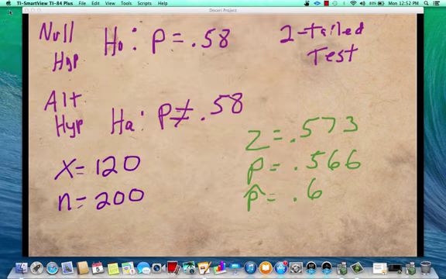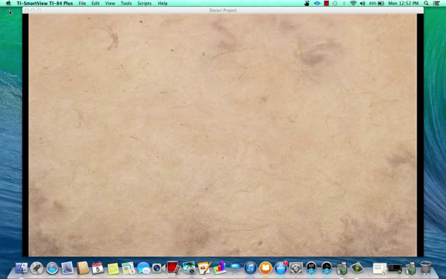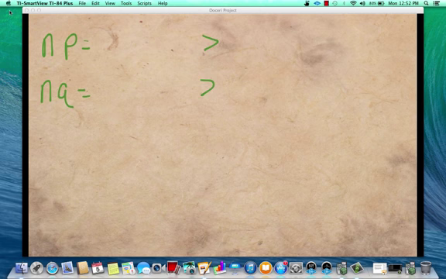Now that we have this information, we need to check first to see if this is going to be a normal distribution model. Could it be normally distributed? To check that, we're going to do n times p and n times q. I want to check to see if both are greater than 5.